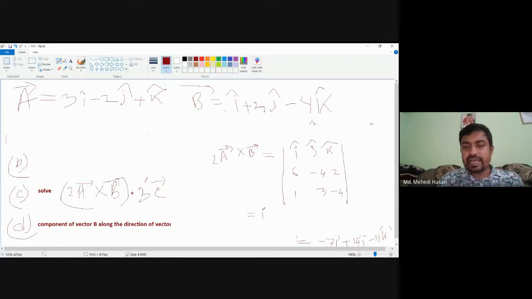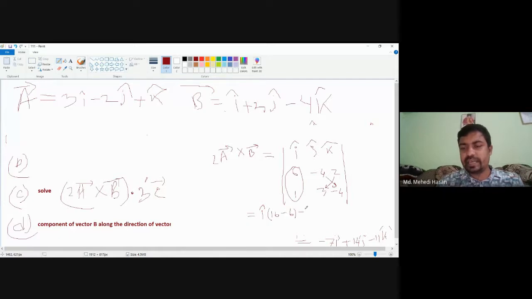So in that case, if we take i, then this part will be vanished. Multiplication of these two is 16, and there is a minus sign for the formula, and multiplication of these two will give you 6, and minus j in the second case.